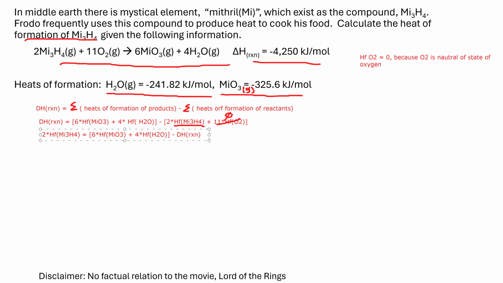We'll deal with the 2 in just a moment. So now we have all this information: the heat of formation of MiO3, the heat of formation of H2O, and the delta H of reaction. So now we can plug these in and solve for our unknown.